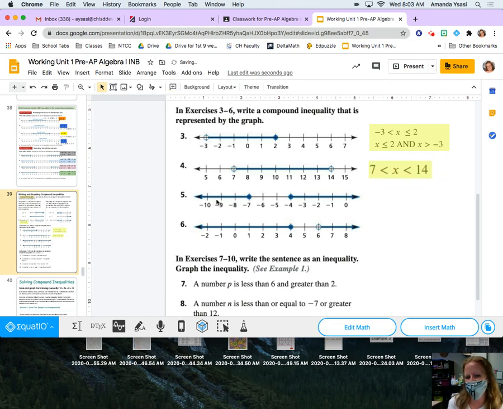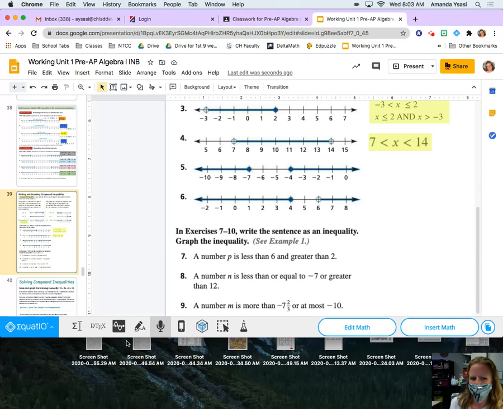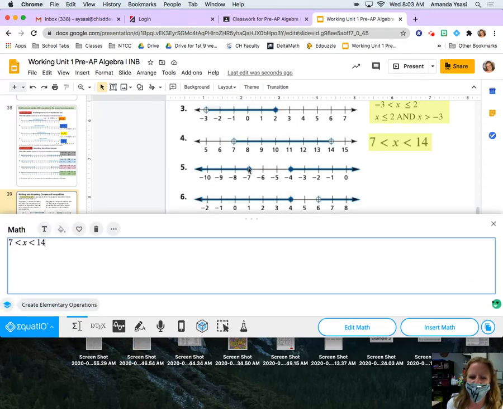Okay, so let's do the next one. They are going in opposite directions, so this is an or inequality. So we are going to do them separately. So just like up here, we'll do the left side and then do or the right side. So the left side says x is, it's going left, so it's less than or equal to, because it's closed, -7.